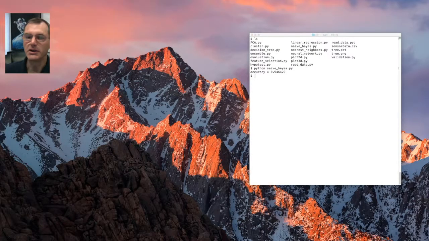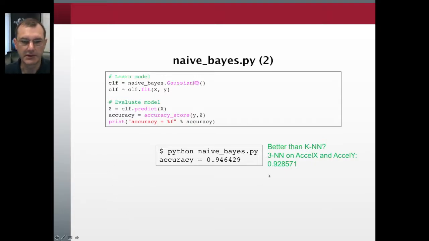So let me start up the notes again. So here's that output we just saw, and recall that for the nearest neighbors classifier looking for 3 nearest neighbors, we achieved about a 93% accuracy using just 2 of the features, acceleration X and Y. So on the surface, it looks like naive Bayes is doing a little better, but of course, we're only using 2 of the features for nearest neighbor, whereas we could use all 9, and we didn't really spend time tuning this K value.